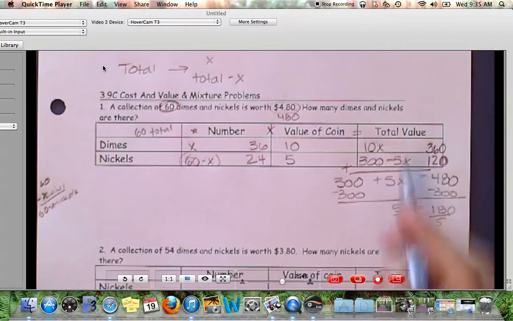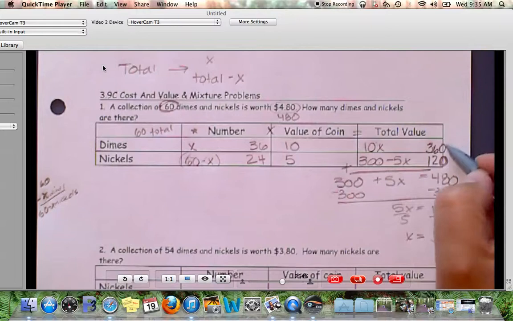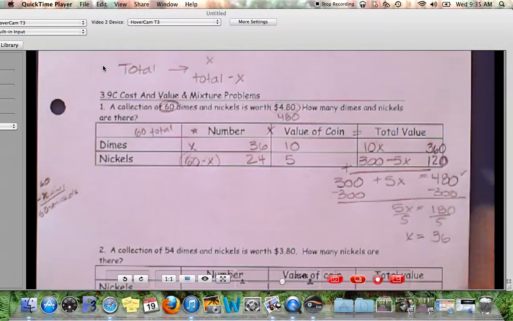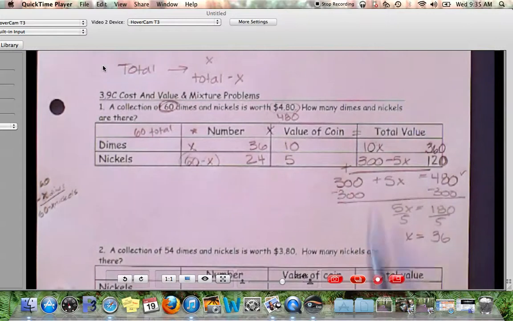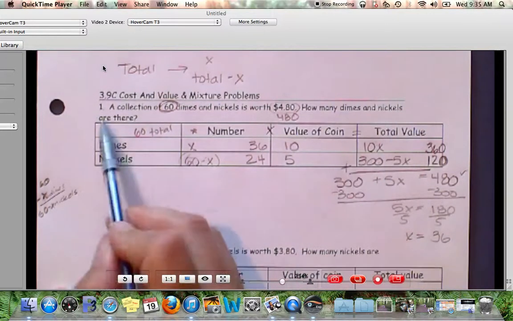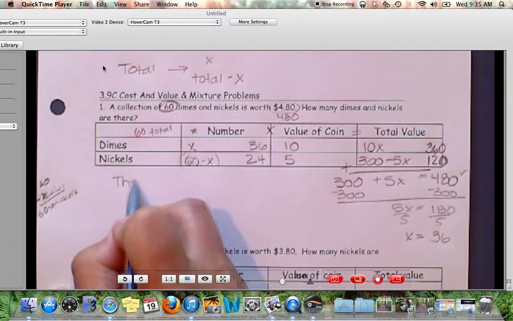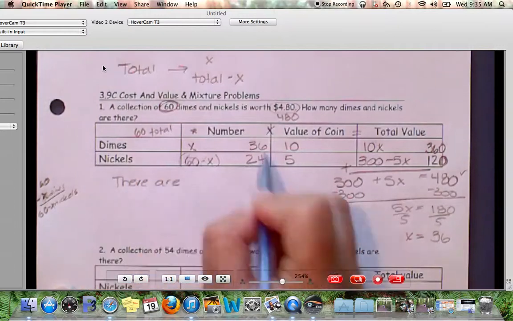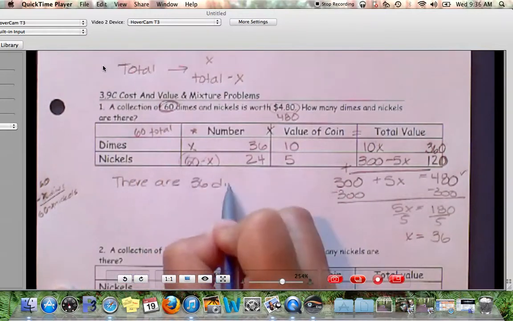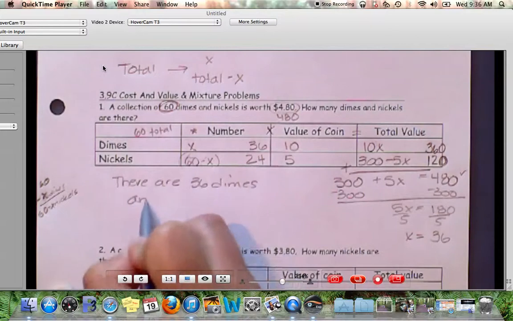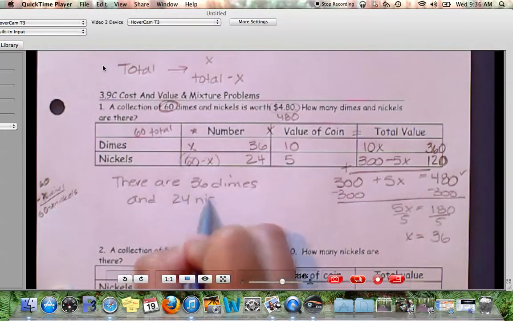And you plug that in. 300 minus, and you do 5 times 36. And let's check. 360 plus 120 is 480, so we know that we did it right. And we have to make sure we go back and answer the question. How many dimes and nickels are there? There are 36 dimes and 24 nickels.